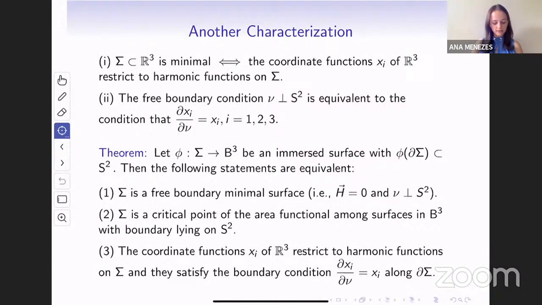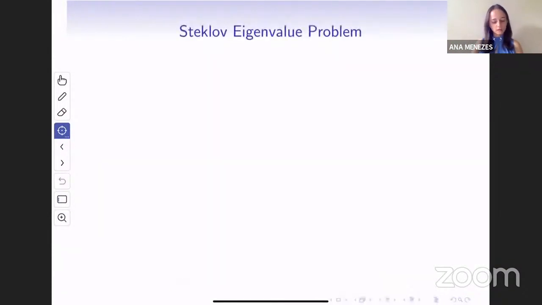A very interesting and important fact for the development of the theory of free boundary minimal surfaces in the ball is that this third characterization is connected to the Steklov problem, which is an eigenvalue problem. So let's recall it here.